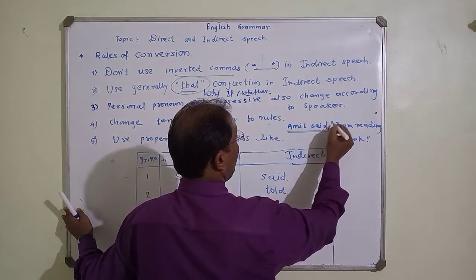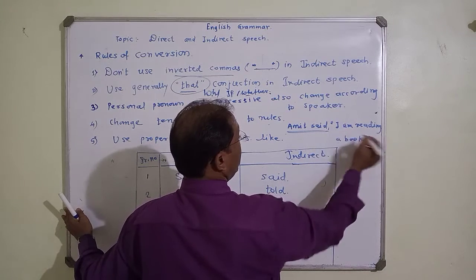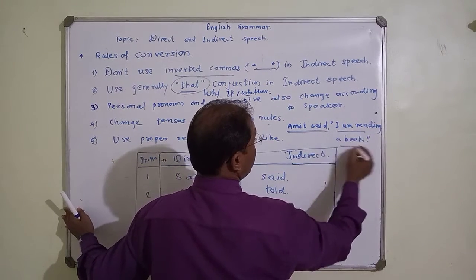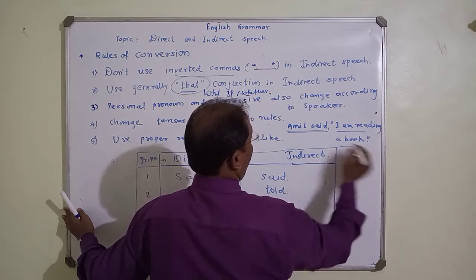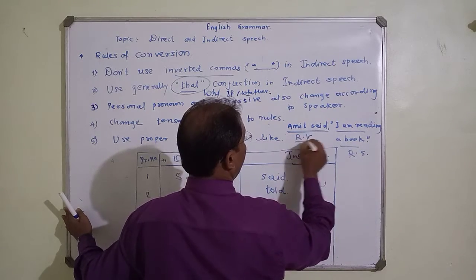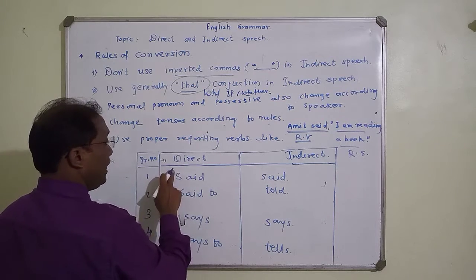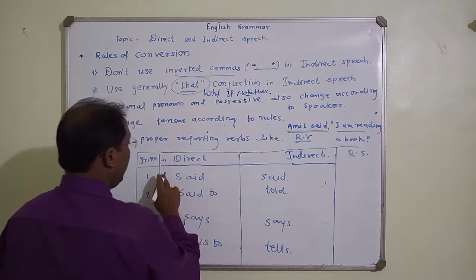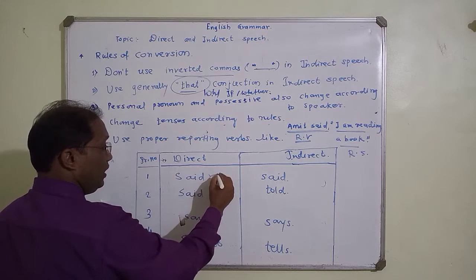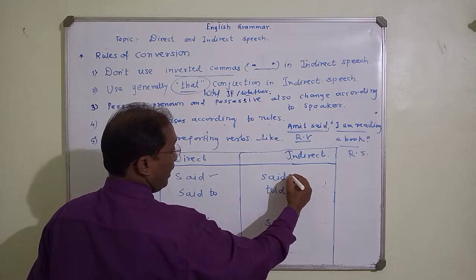Amit said, comma, into double inverted comma. This is the reporting verb and this is the reporting speech. We want to change the reporting verb like this from direct speech to indirect speech. If the reporting verb in direct speech is 'said', then use 'said' in indirect speech.